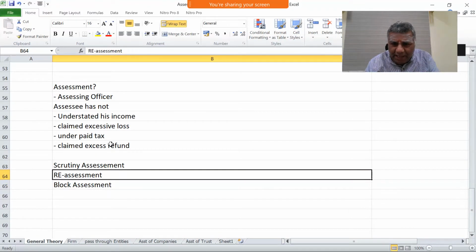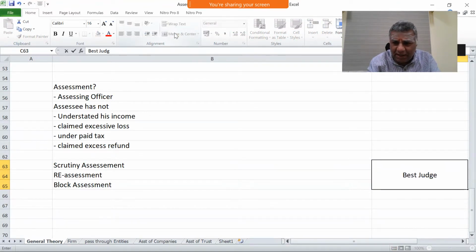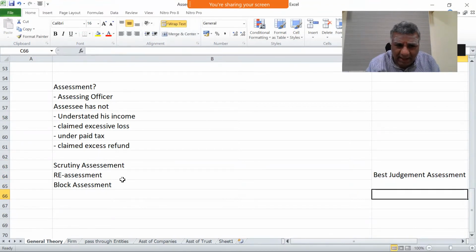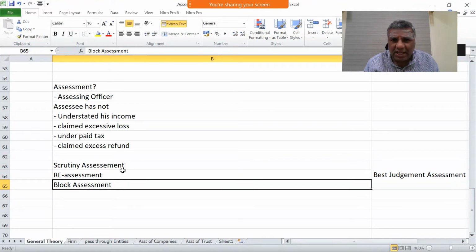A tail piece for all these assessments is something known as best judgment assessment. If the assessee is not cooperating in any of these, then the assessing officer will complete the assessment based upon the best of his judgment.